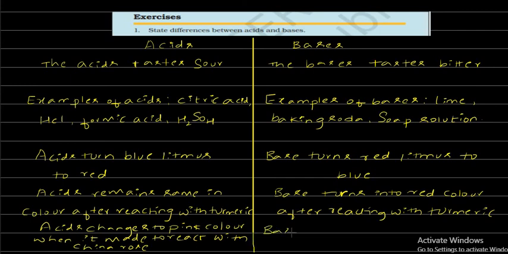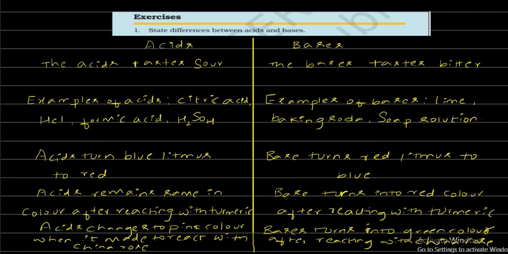The base turns into green color after reacting with China rose. Like this you can mention the differences between acids and base.